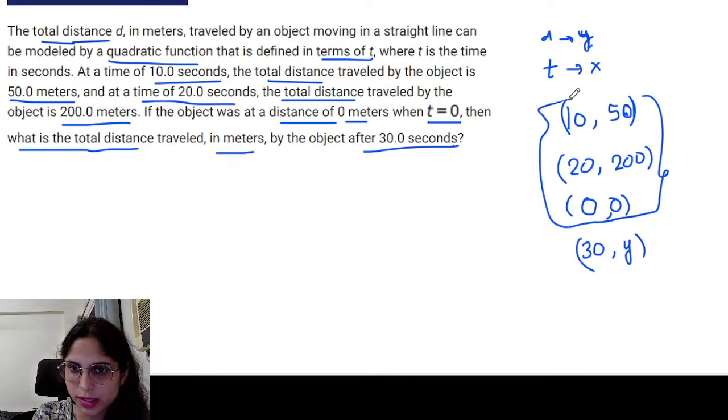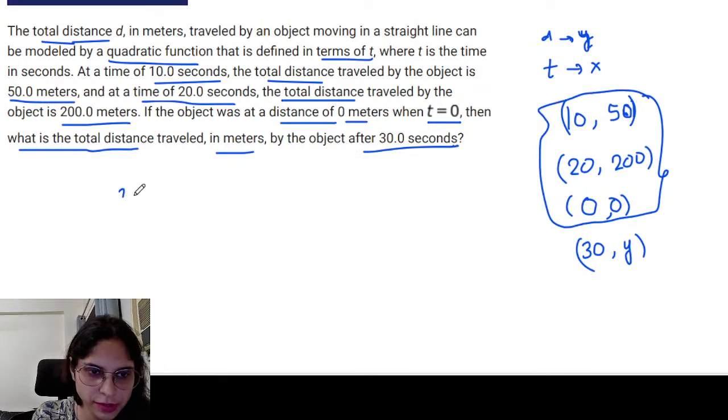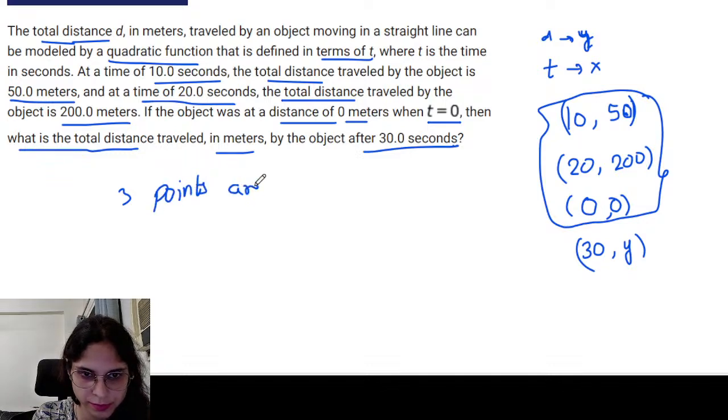Now 3 different points are given to you, so whenever 3 points are given, use standard form.